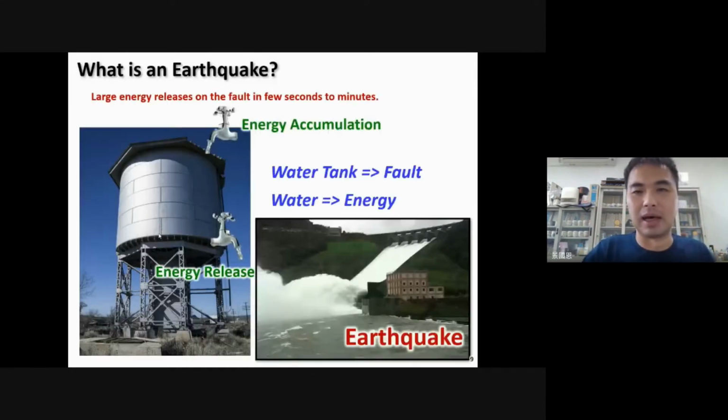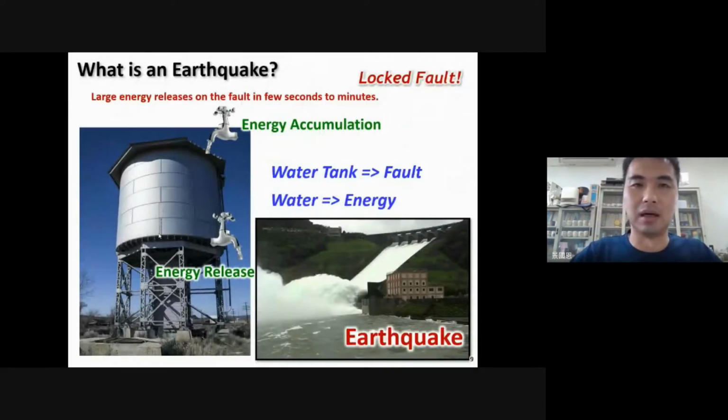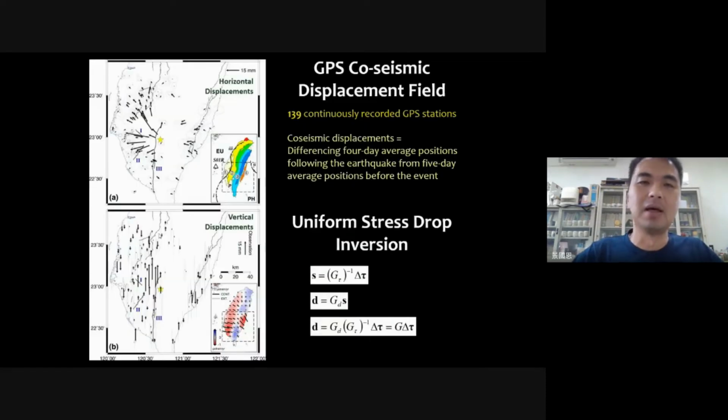So how do we use them to study the energy accumulation or release? First, we look at the case related to the earthquake, the energy release part.